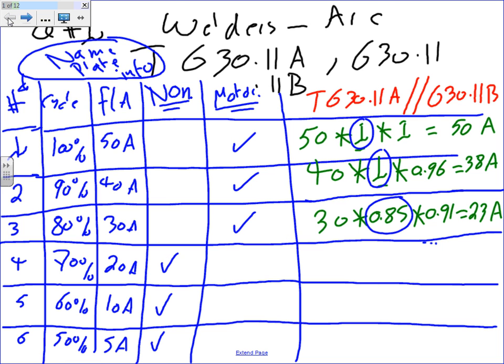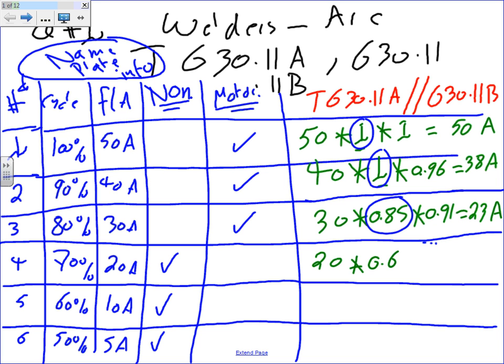Let's go back again. Now we're done with the motor ones. We're going to go to the rest. The rest of them are non-motor generator ones, and I have 20 amps. For this one, I have 20 amps multiplied by, okay, now the third one is 0.78. No, the third one is going to be 0.6.